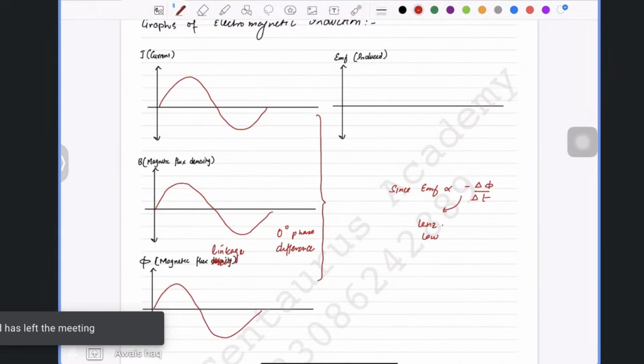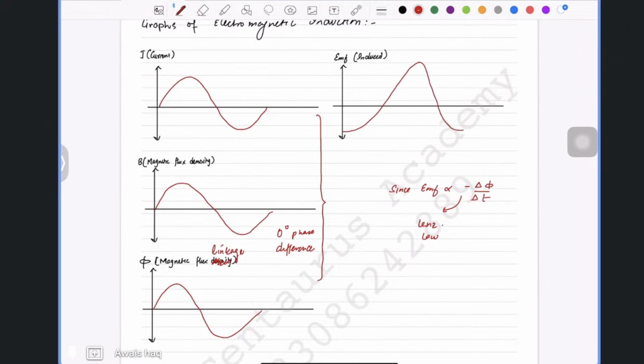But because EMF is rate of change, so basically the gradient is this, which means the EMF is going to be something like this. So the reason is two things you got to remember. Graph of induced EMF will be the gradient of flux linkage.